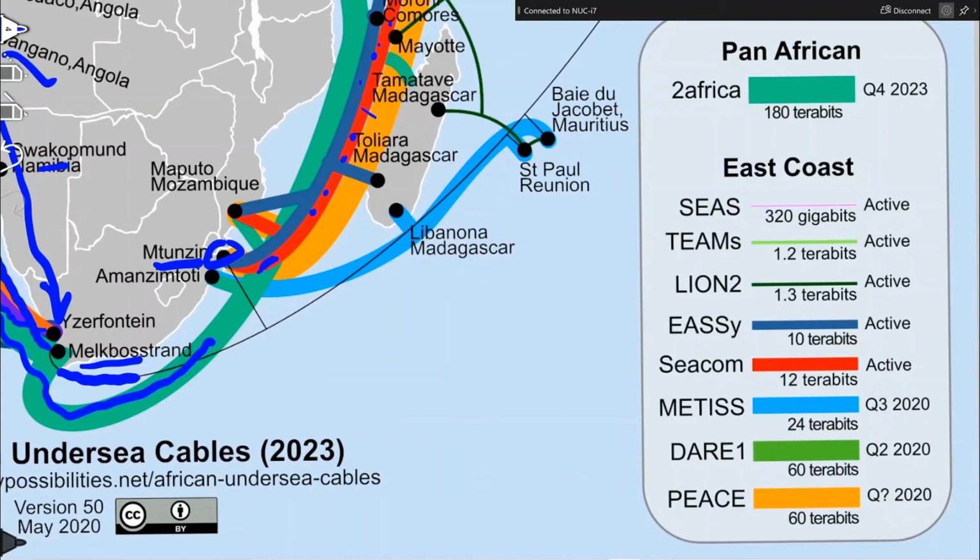On the eastern side of Africa, it's basically SEACOM that is active and of interest to us right now. So 12 terabits, we've seen the more or less 15 terabits on the western side of Africa. So that gives us 27 terabits or so connectivity right now, but set to increase very, very soon.